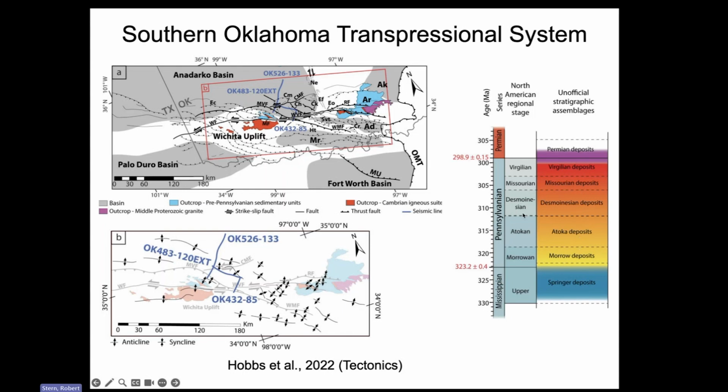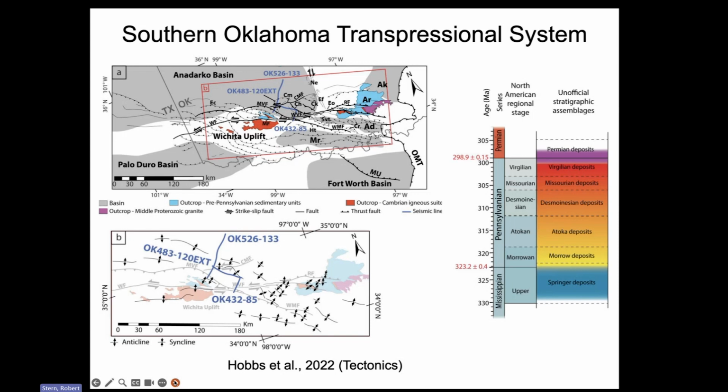It's a very short period of time as geologic time periods go. The Pennsylvanian only lasted about 25 million years, but it was short but intense. It was a really remarkable episode of Earth's tectonic history.